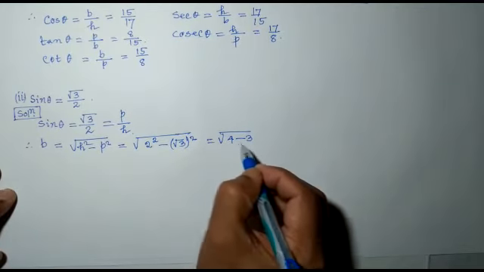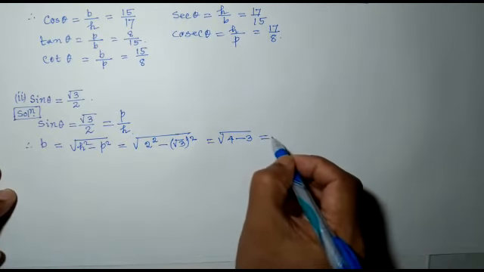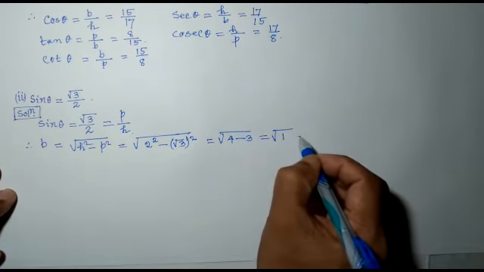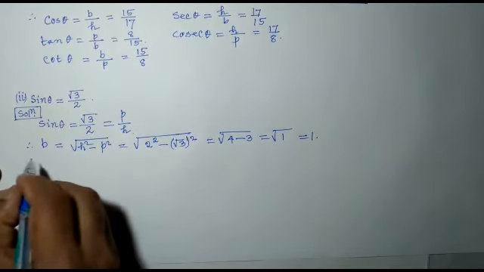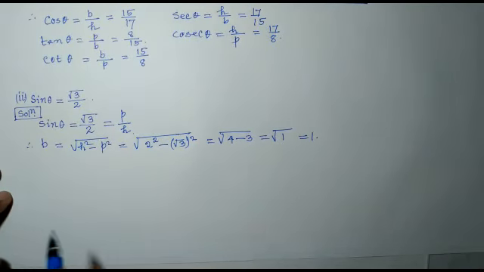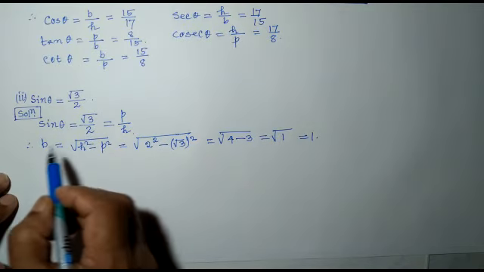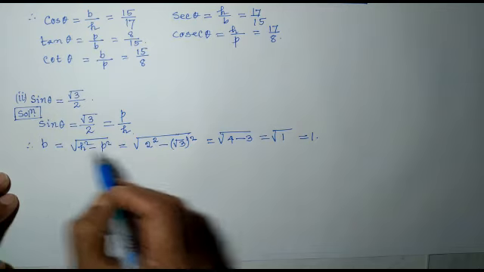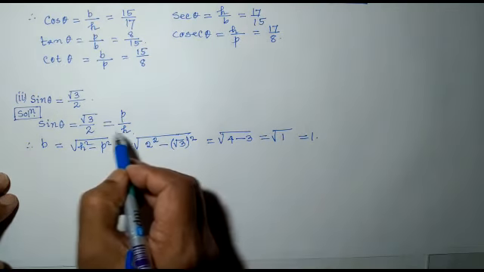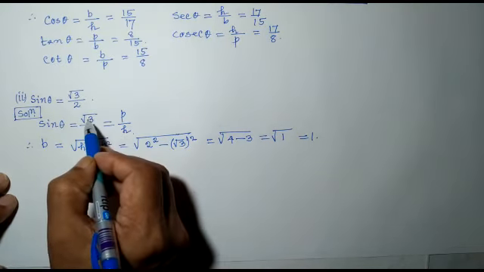Root 3 square is 3. 4 minus 3 is 1. And square root of 1 is what? 1. And then we can find now all the 5 trigonometric ratios, because we have all the 3 sides. You see, base equal 1, hypotenuse equal 2, and perpendicular equal root 3.